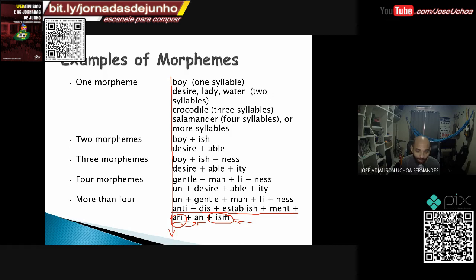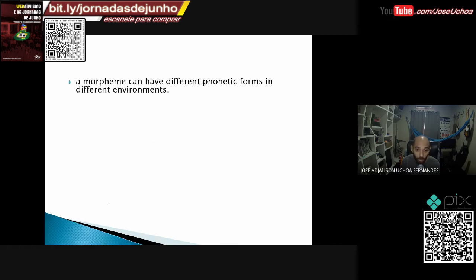Estou terminando, ok? So next class, we are going to see that a morpheme can have different phonetic forms in different environments. Teacher, what do you mean? I mean that someone that is not someone that deserves respect is unrespectable, but someone that is not responsible is irresponsible.